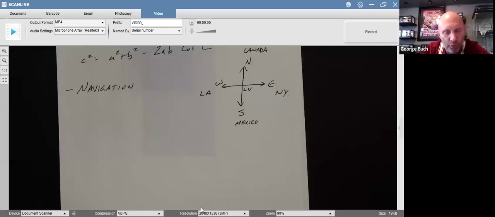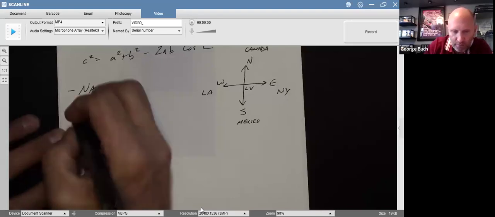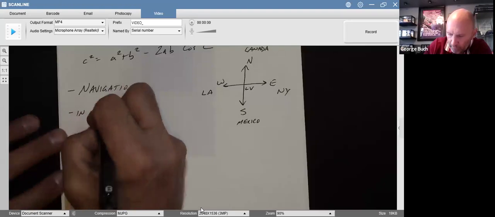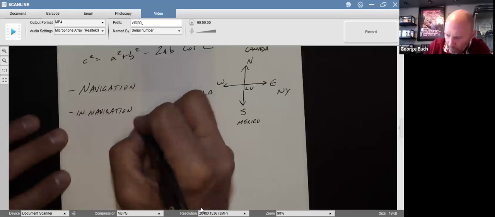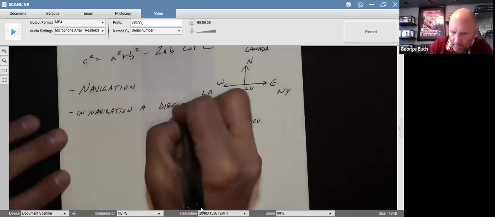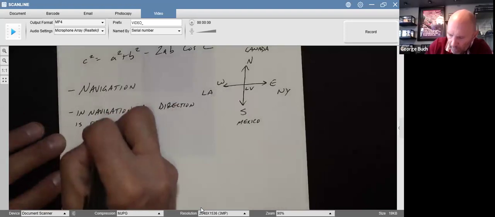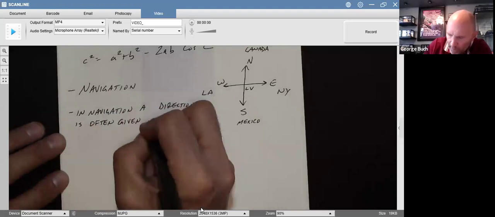All right. So now that we have northeast, southwest figured out, hopefully, we have the following. In navigation, a direction is often given as a bearing.